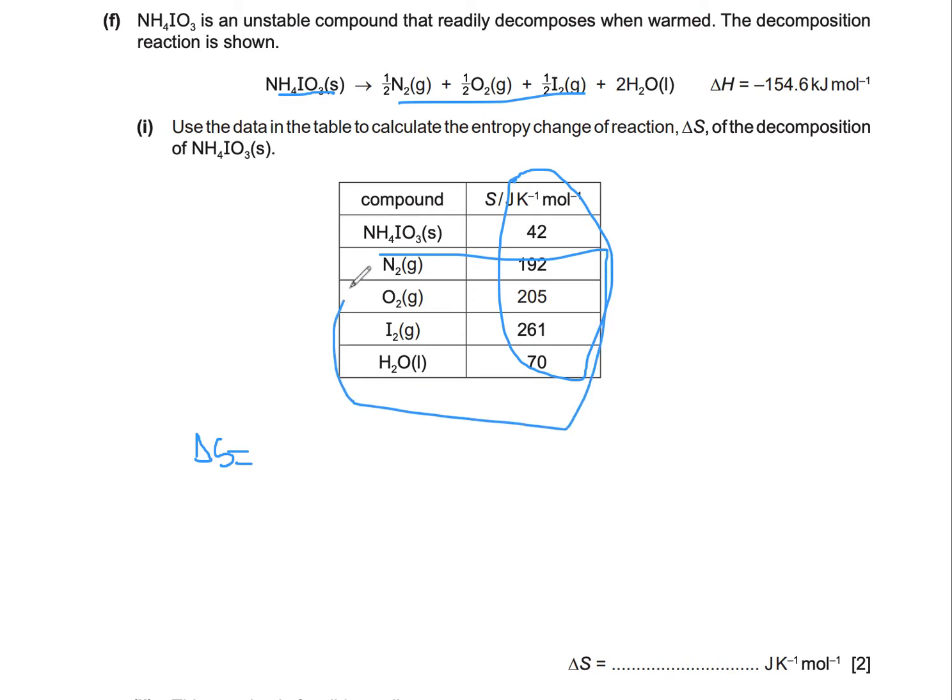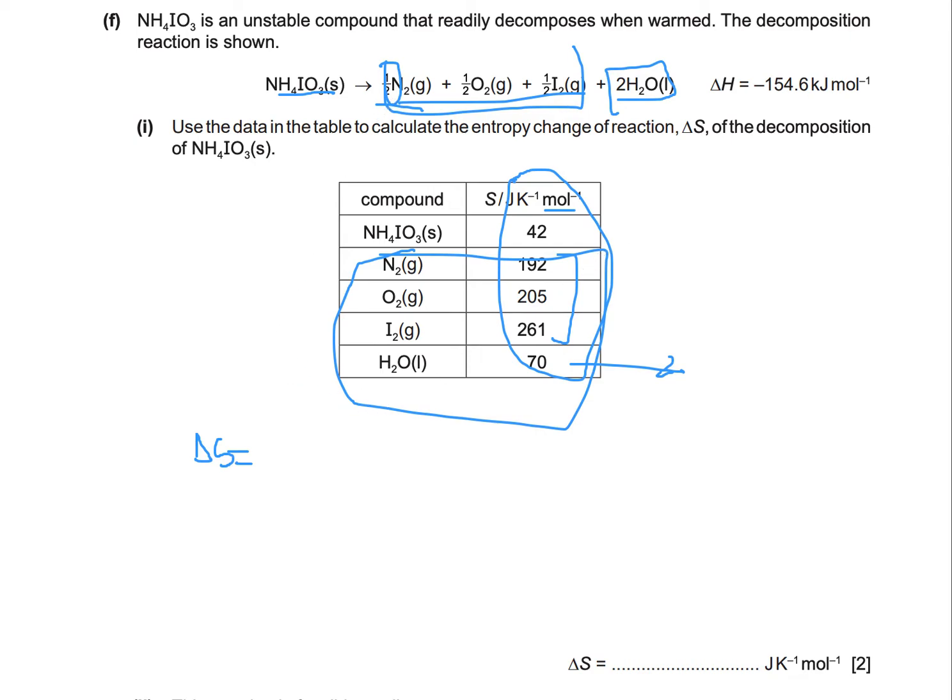We add all of these, but they depend upon the number of moles as well, because over here it's given per mole, but over here it's just half a mole. So we divide these three entropies by 2 separately, and because this is 2, we multiply this by 2. So we get the answer.